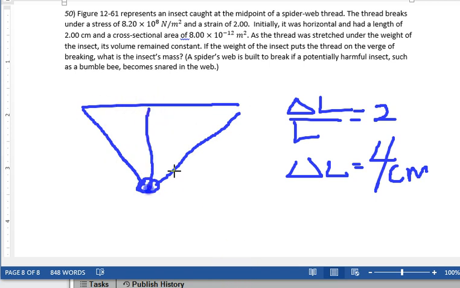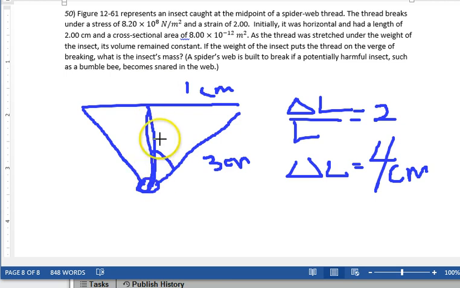We have 3 centimeters on each side, and it started out as 2 centimeters, so we have 1 centimeter here. Then we can figure out that angle and that distance. That angle is the inverse sine of 1 centimeter over 3, so the inverse sine of a third gives us this angle.